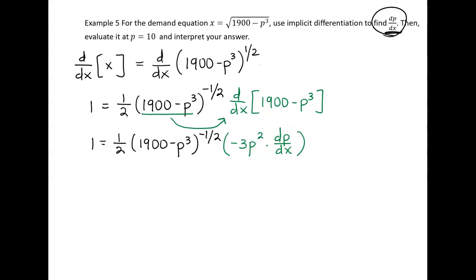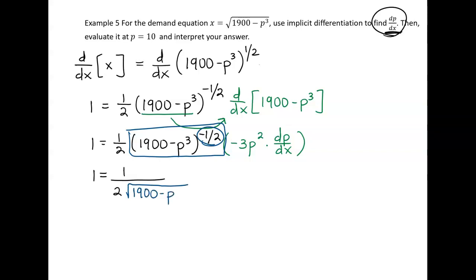Let's go ahead and find dp dx. So I want to solve for dp dx. I'm going to just rewrite this so it looks a little bit better. So I have 1 over 2. This whole term right here had this negative 1/2 exponent, so I'm going to rewrite that in the denominator under the square root.